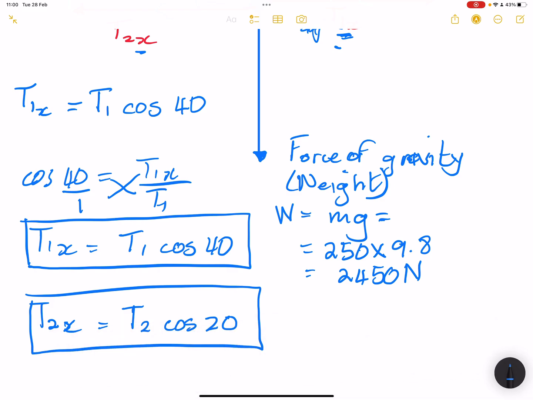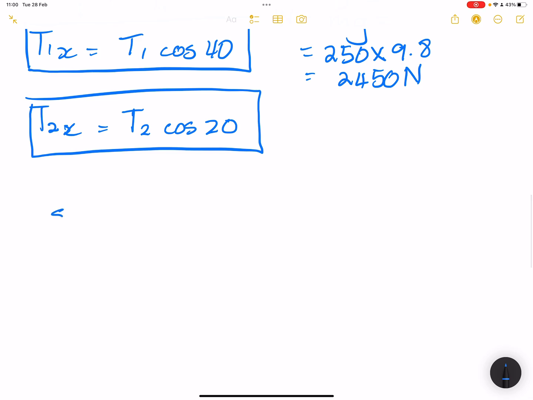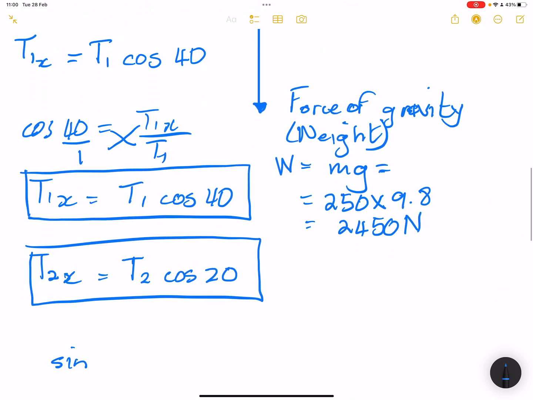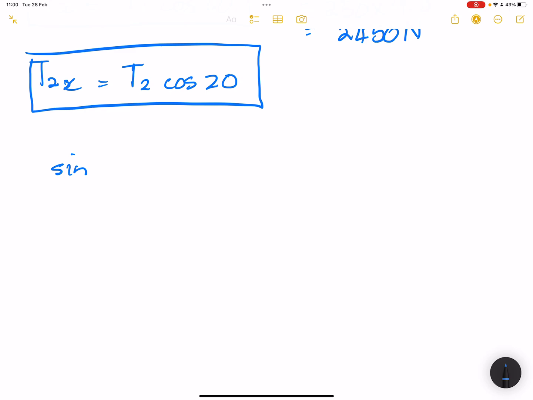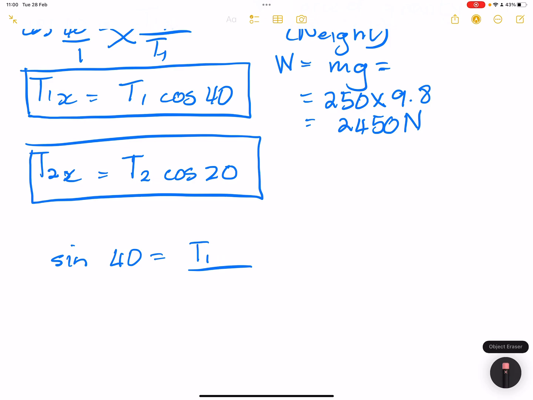Now let's talk about the green, the vertical components, T2y as well as T1y. To get those, we're going to use the sine of the angle, because in this case it's opposite over hypotenuse. Let's start with T1: the sine of 40 degrees is equal to T1y, the opposite, over the hypotenuse, which is T1.